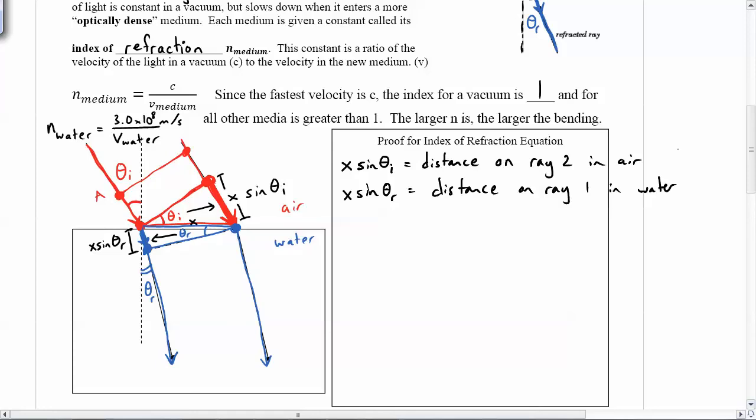And because these two are traveling parallel to each other, this has to happen within the same time, so that ray 2 can catch up to ray 1, so to speak, and travel parallel to it as they continue going downwards.